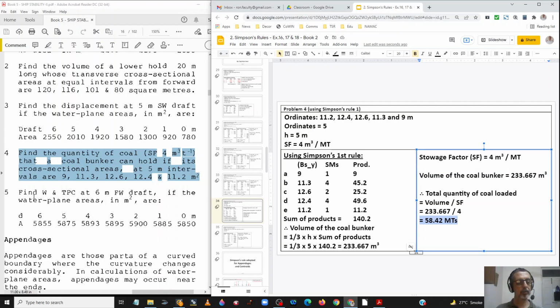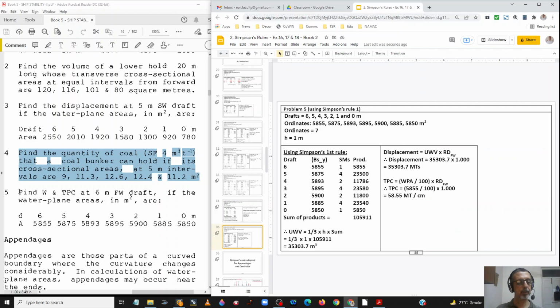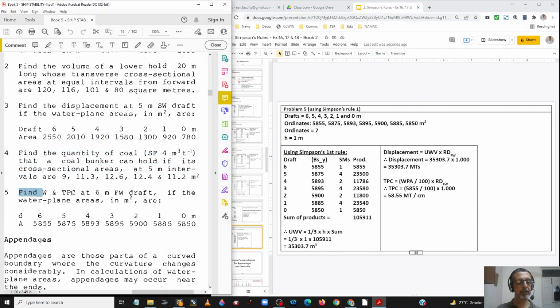Coming on to the last problem in this exercise, problem number 5. We have to find the displacement and TPC at the 6 meter draft in fresh water this time. And given are the water plane areas for the drafts from 6 meters down to 0 meters.